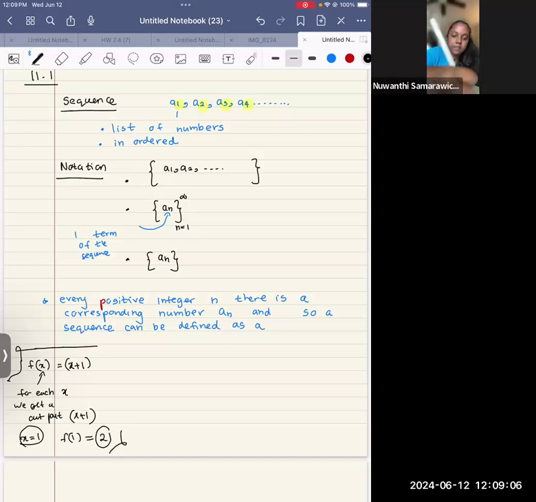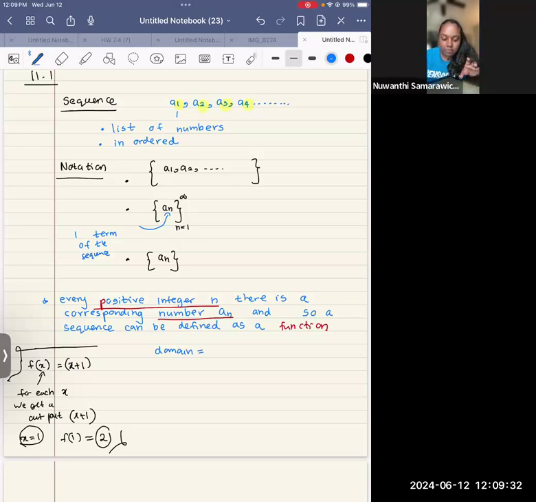So for every positive integer n, there is a corresponding number a sub n. So this is also a function. As a function, the domain is all the x values, all the inputs.